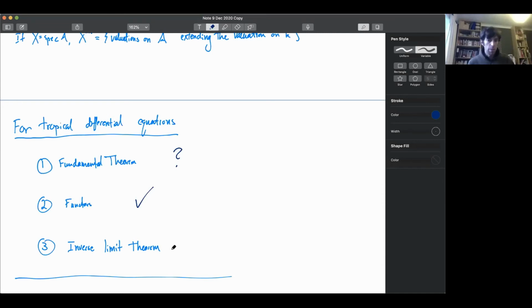And the inverse limit theorem, if I have time, I'll get to this. We do have a differential version of the inverse limit theorem. So the only one left of these three is the fundamental theorem, which obviously we know in the special case that was proven by Aroca, Garay, and Tognoli.